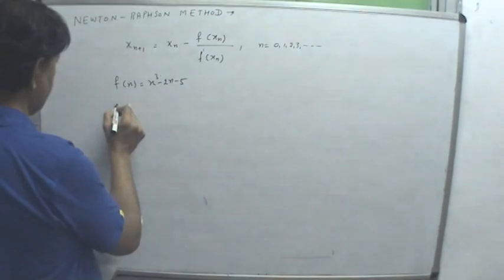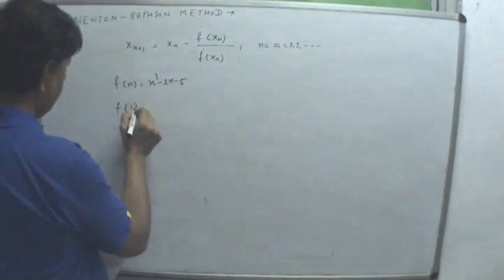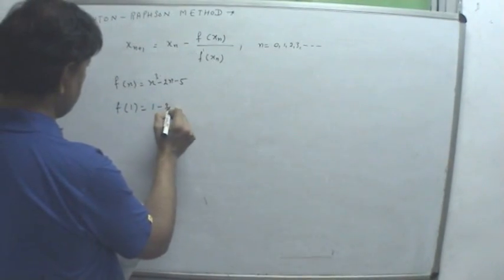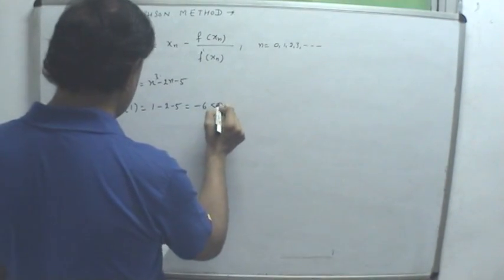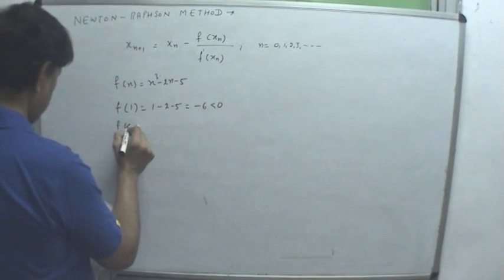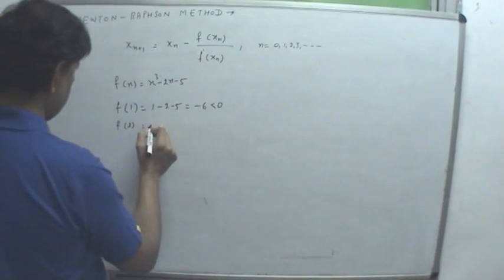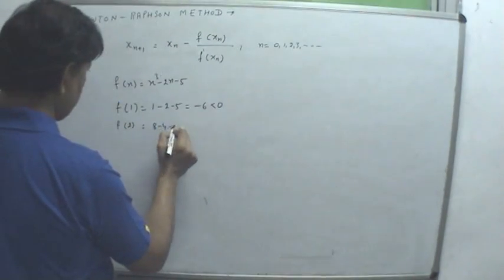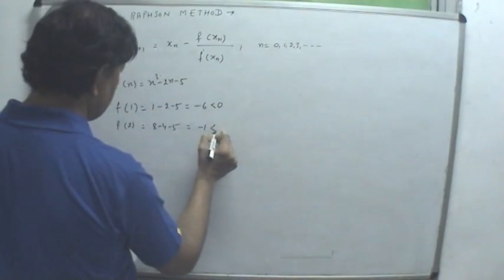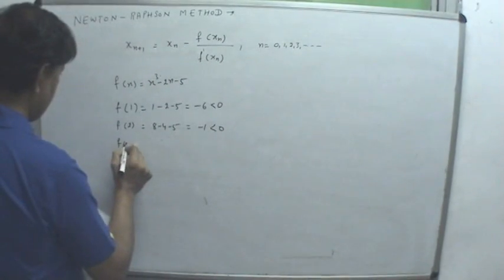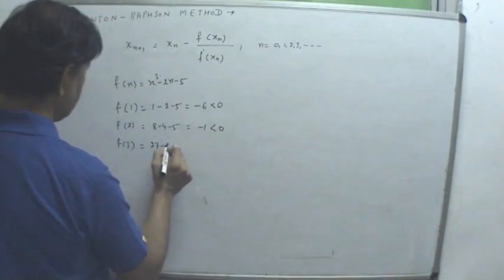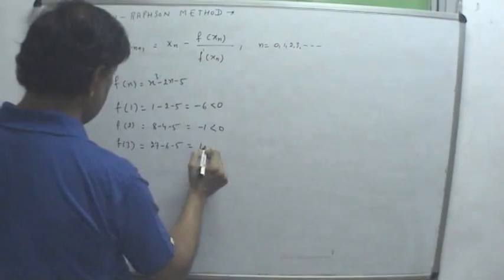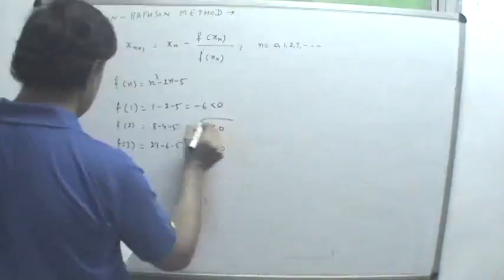Here we consider f of 1 is equal to 1 minus 2 minus 5, that is minus 6, less than 0. F of 2 is equal to 8 minus 4 minus 5, that is minus 1, less than 0, and f of 3 is equal to 27 minus 6 minus 5, that is greater than 0.